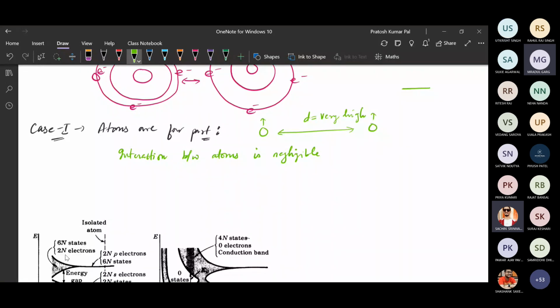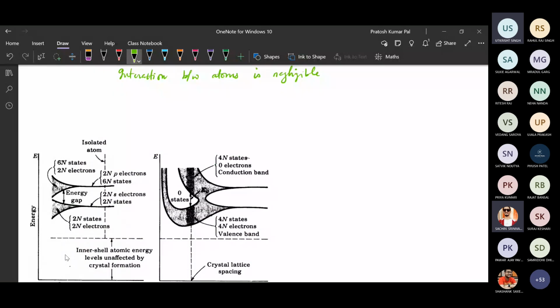That means if we combine these two atoms to form a crystal, the energy levels will have a synchronized value, or we can call it a coincident value. Whatever the energy level of atom 1 is, the same energy level will be there for atom 2. Okay, the energy level of both will be the same. With respect to this concept we can see this figure, figure A.